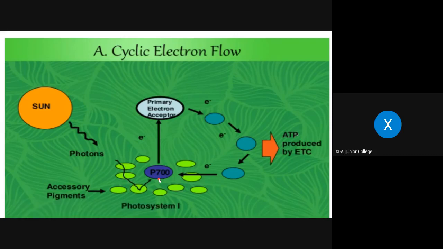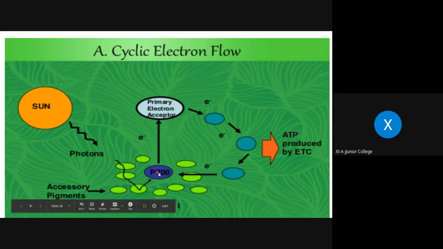Now when the amount of energy received by chlorophyll A is maximum, what happens? From the outermost orbit, electrons are released, and these electrons are captured by the primary electron acceptor. Then from one electron acceptor to another, those electrons are transported, and then the same electron comes back to the reaction center.